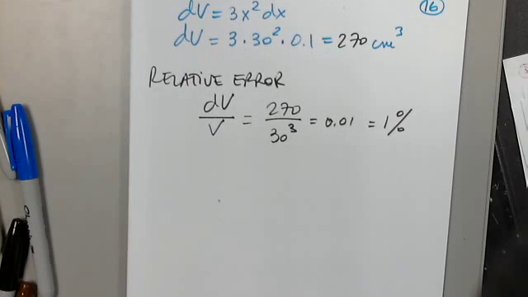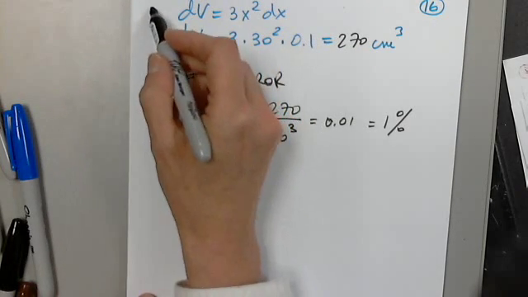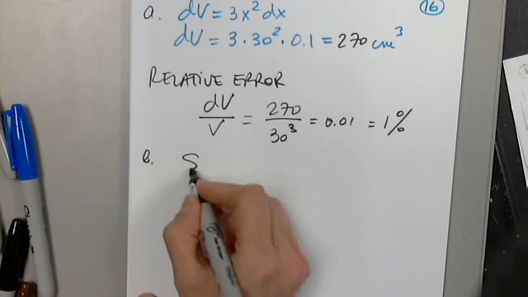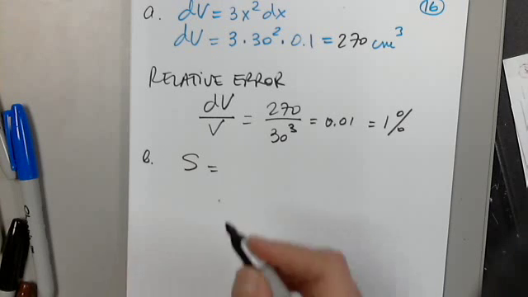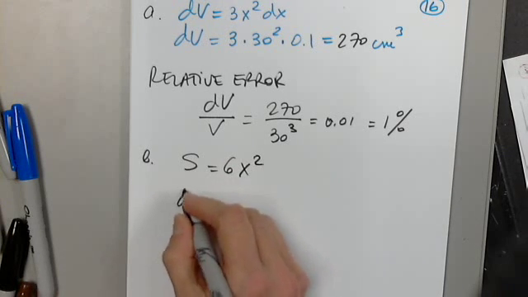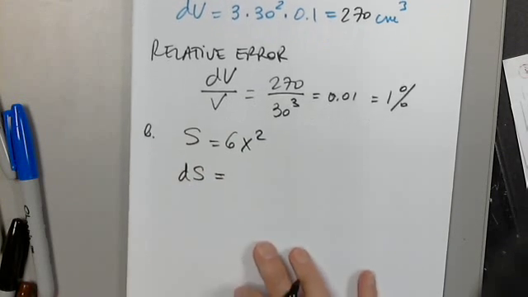So now let's go to the surface area. So this was part A and this is part B. What is the surface area of a cube? 6x squared. Very good, 6x squared. First we are asked to find ds.